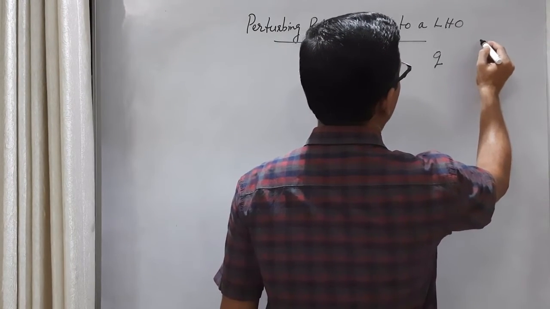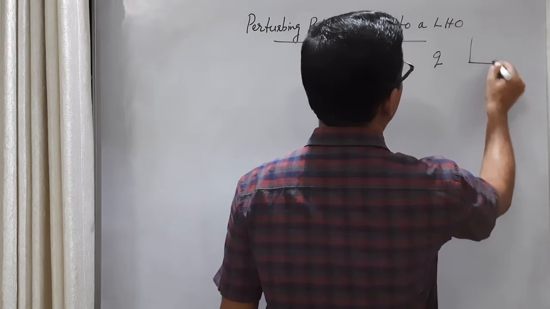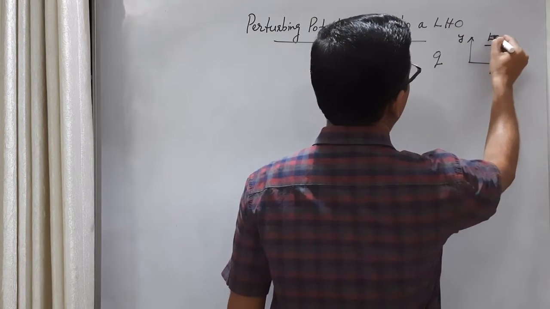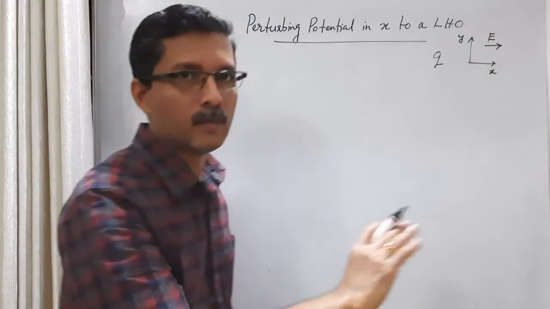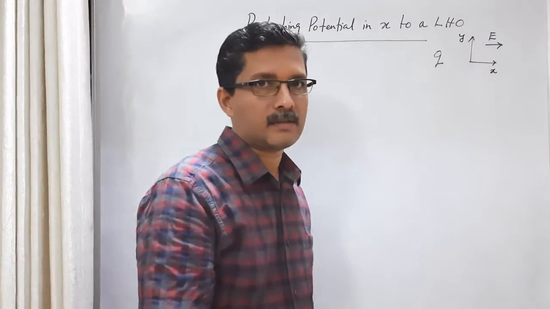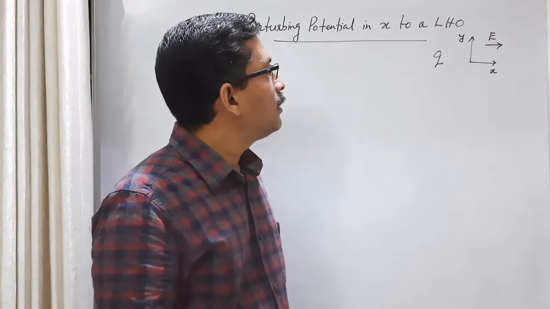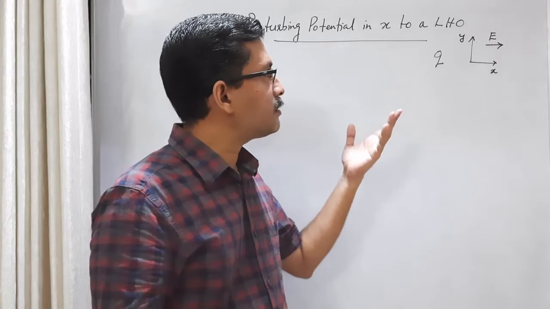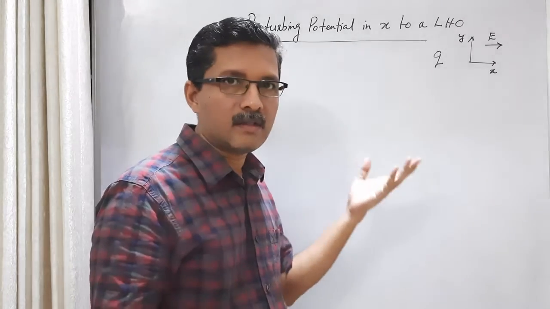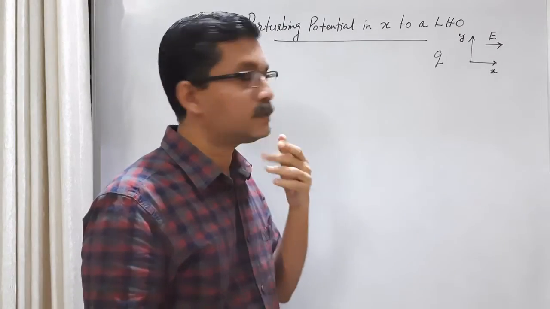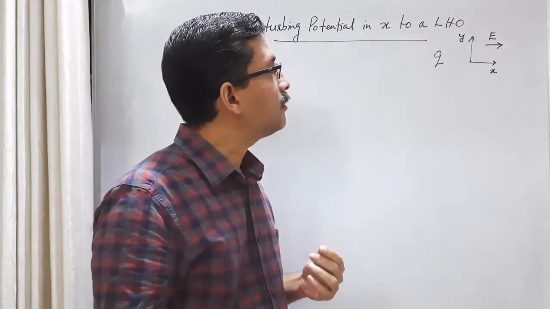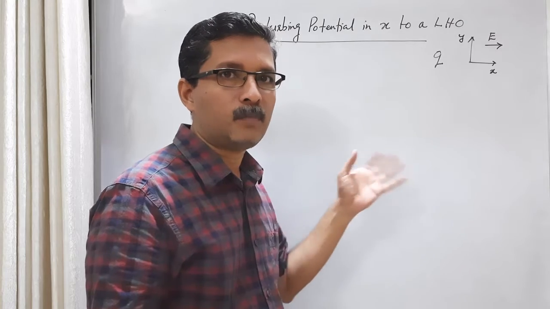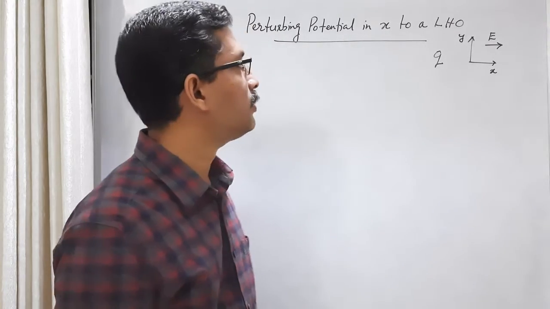So I apply a uniform electric field along the x direction. This is an extra force, so that means there will be an additional perturbing potential which is proportional to x. Let us see what is the effect on this oscillating particle.